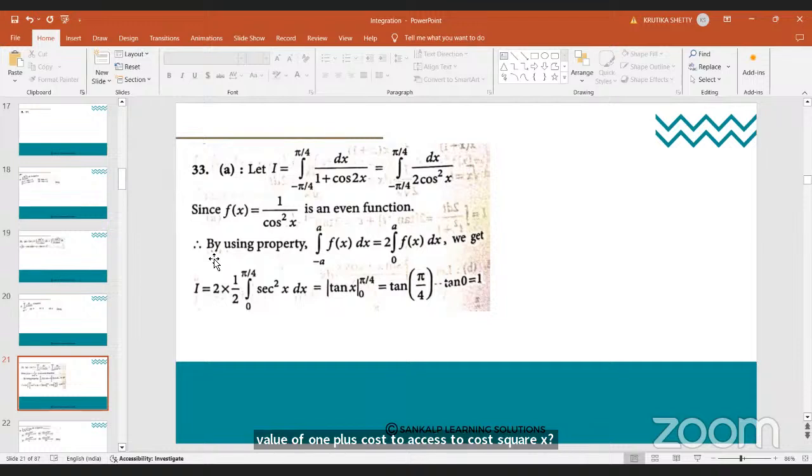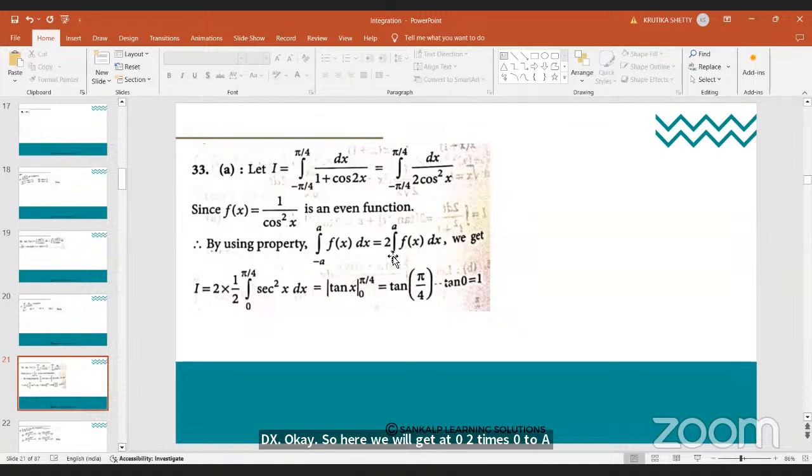And we know for an even function the property is integral of f of x dx from minus a to a is equal to 2 times integral from 0 to a of f of x dx.